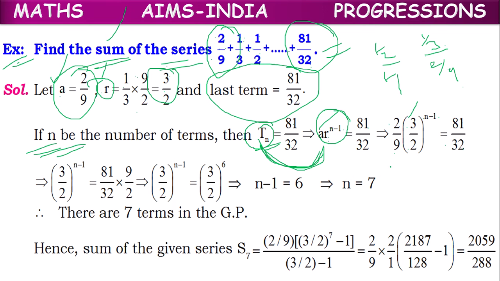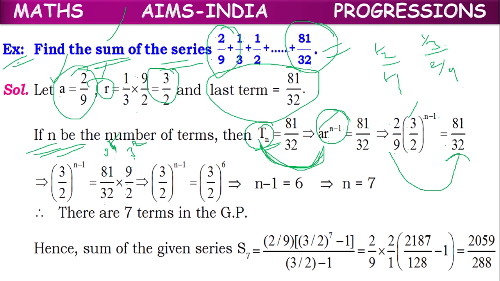The 2 by 9, if it goes to the right hand side, will convert into its reciprocal, 81 by 32 into 9 by 2. Here 81 is nothing but 3 power 4, and 9 is 3 square.